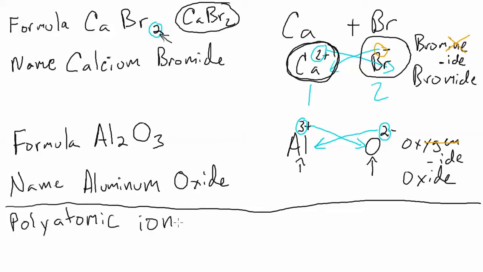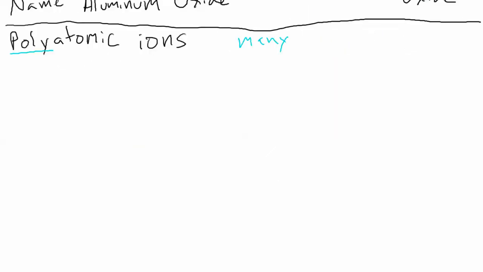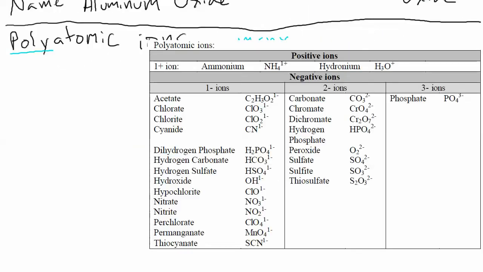And so hopefully your word skills are up to snuff, you see this prefix poly, and you know that that means many. And so you see that this word means many-atom ions. And that's exactly what they are. They're ions made up of several atoms bonded together. So let me see what this looks like. Yep, I've got a little chart right here. And this chart is actually from the textbook that we've got in the classroom.